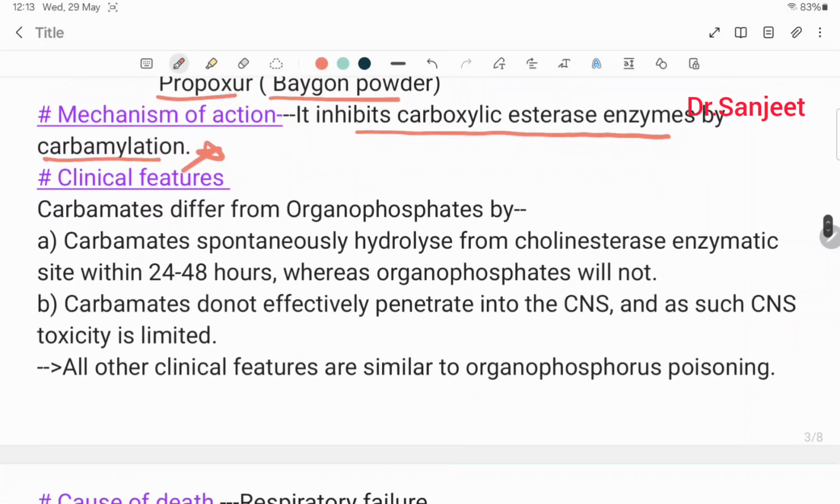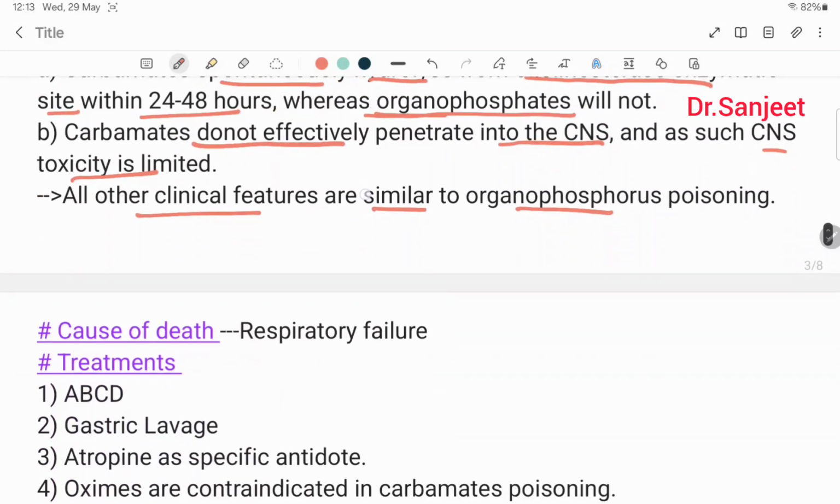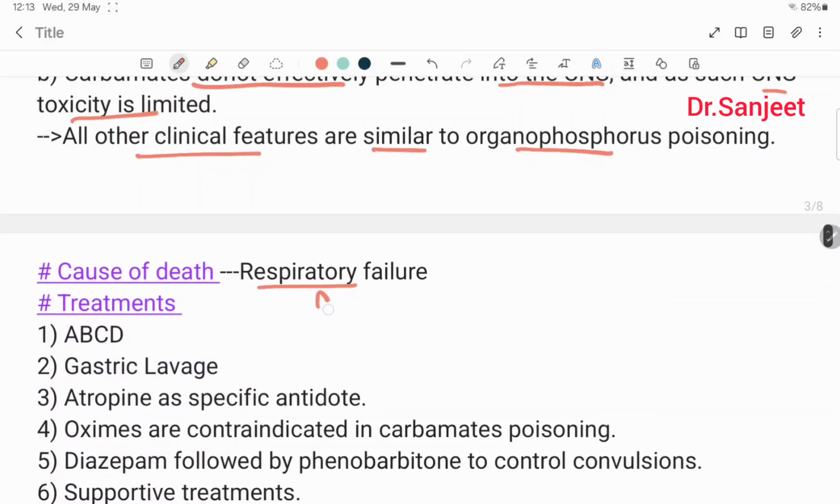Clinical features: carbamates differ from organophosphates in that carbamates spontaneously hydrolyze from the cholinesterase enzymatic site within 24 to 48 hours. Organophosphate will not. Carbamates do not effectively penetrate the CNS, so CNS toxicity is limited. All other clinical features are similar to organophosphorus poisoning. Cause of death: respiratory failure.